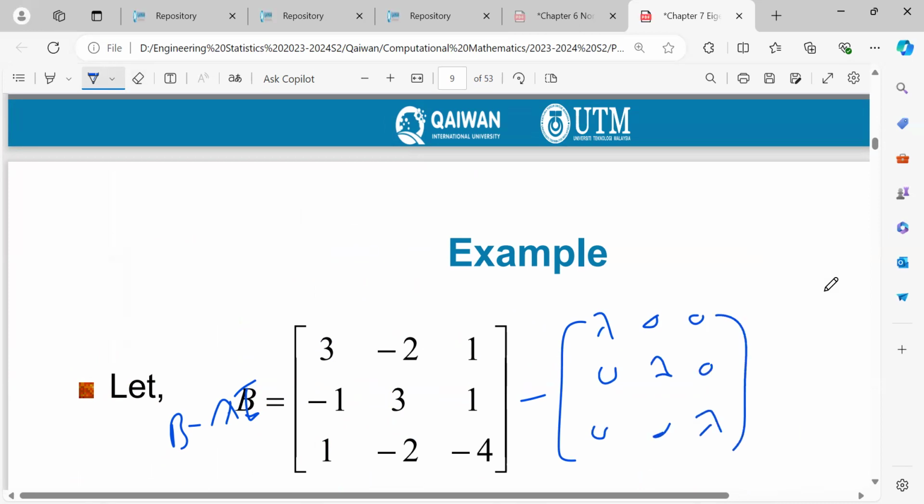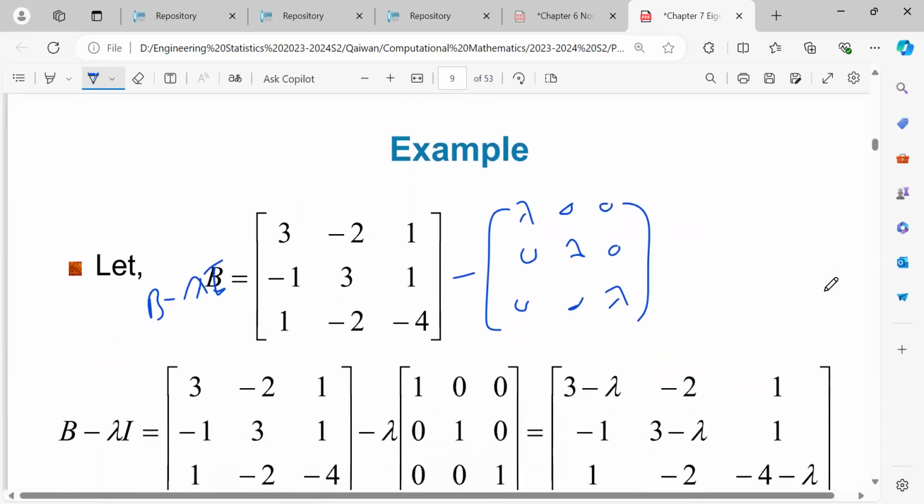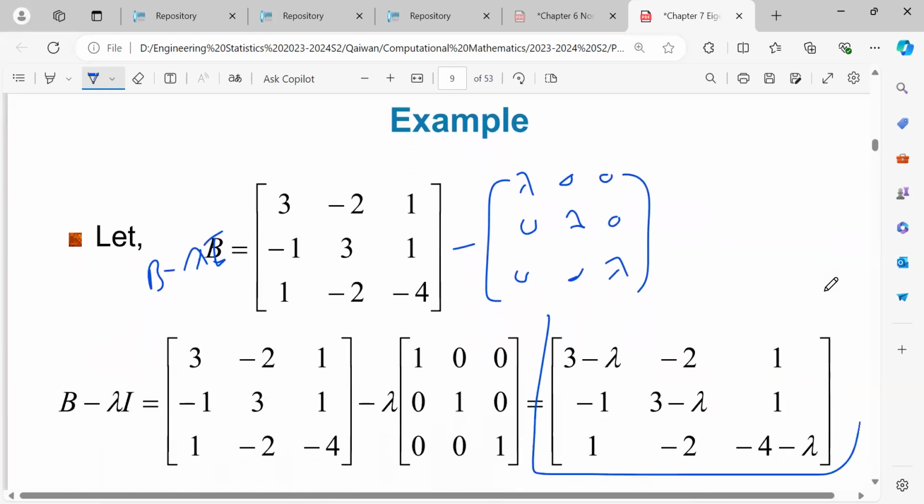We take a 3 by 3 identity matrix and multiply it by lambda. We get this. Now subtract it and then find its determinant. Subtracting, we get this one. Then find the determinant of this matrix.